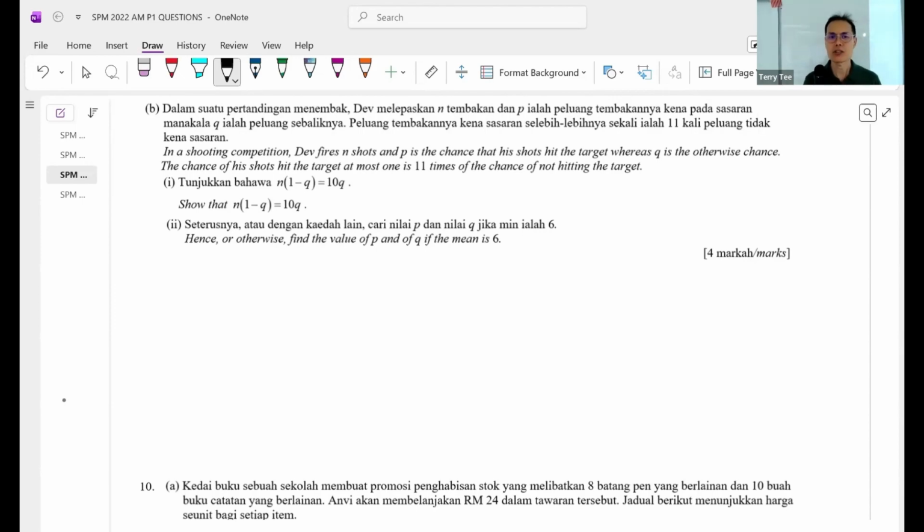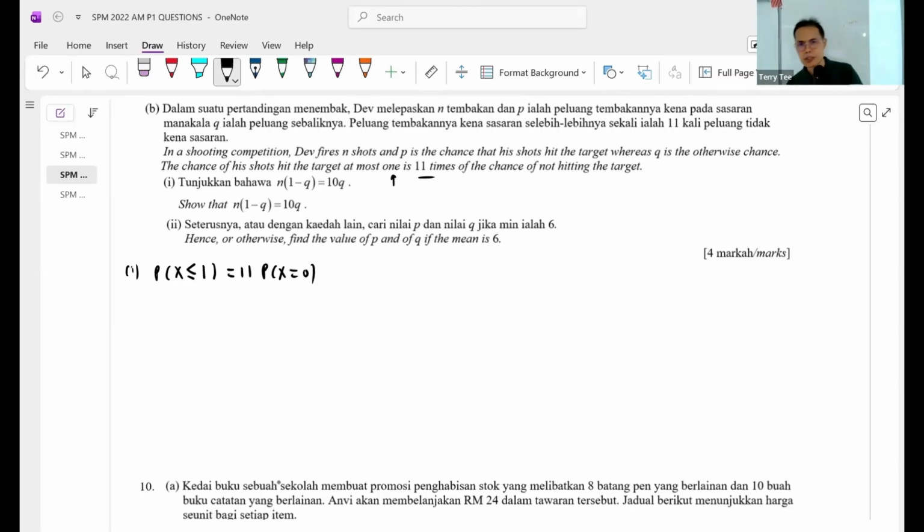The probability that his shot hits the target at most once is 11 times the probability of not hitting the target.